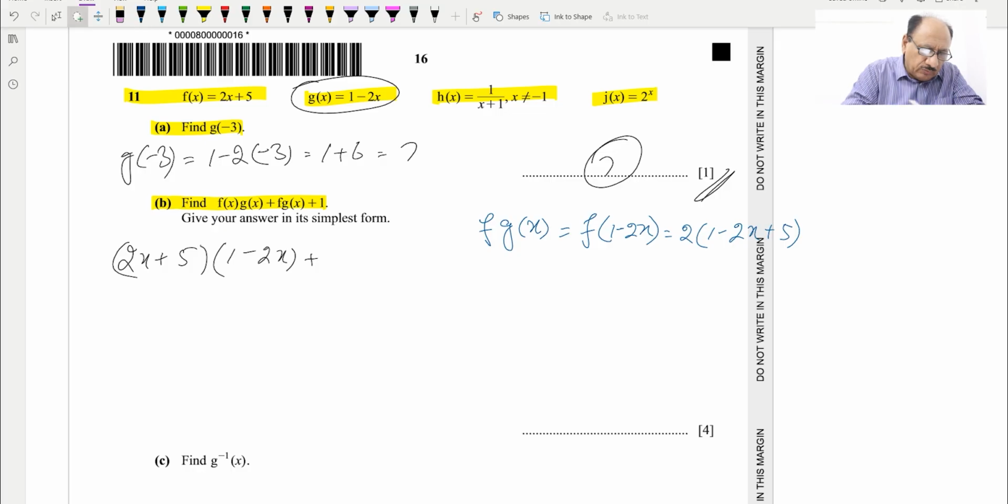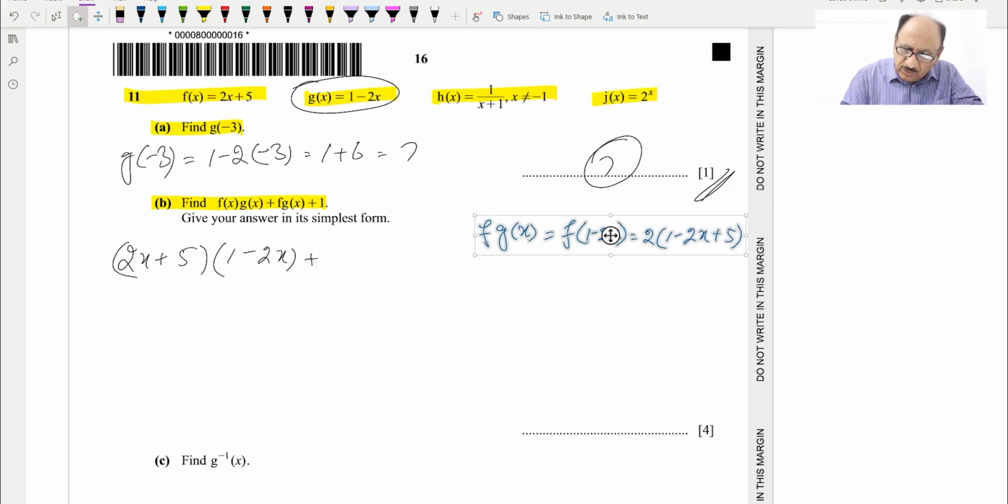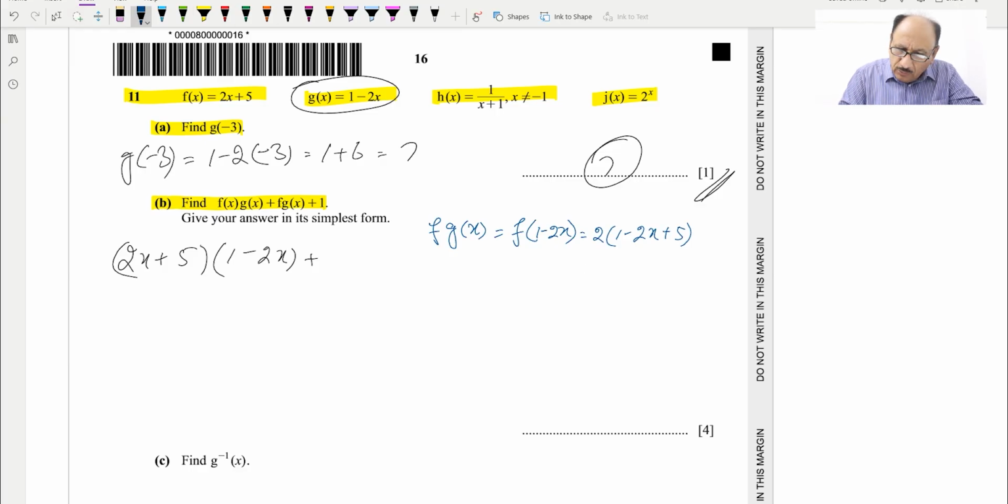Okay, so we will make this the proper size and location also. Now we can open this. We'll open the brackets. First we'll solve inside. So 2 into 1 minus 2x, and plus 5 should be outside.